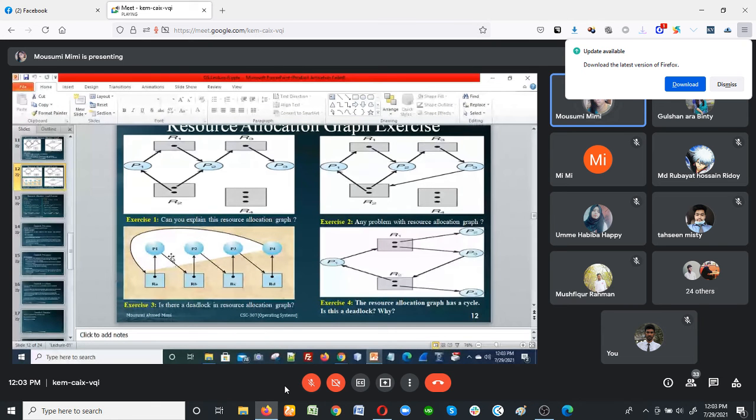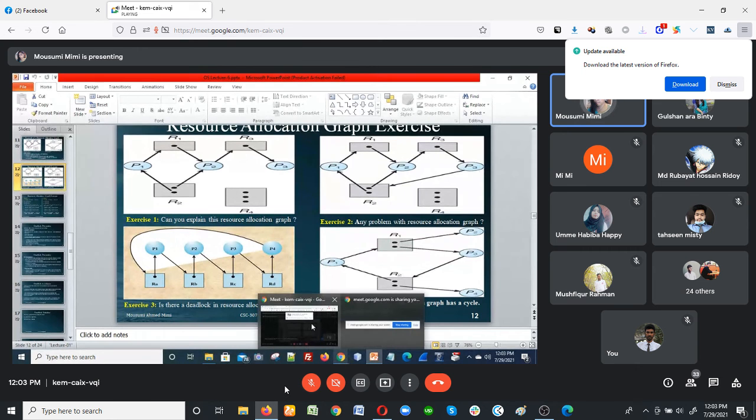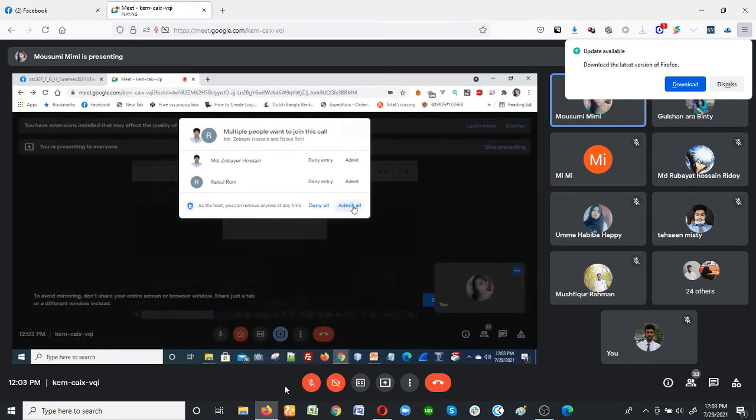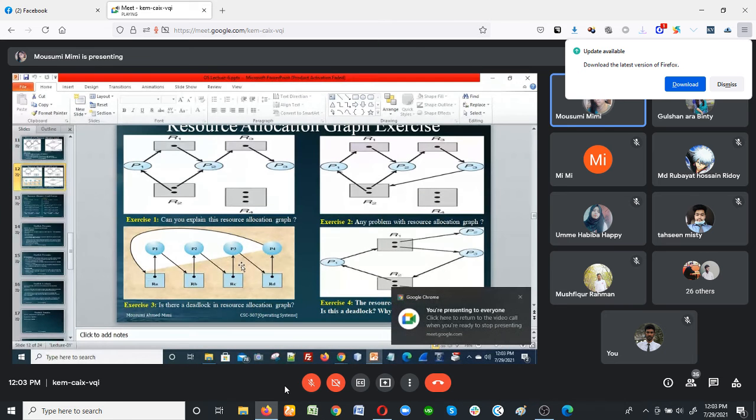That means each process holds one resource and also requests another resource which is occupied by another process. At that point, all of the processes are in the waiting state, and none of the processes can complete its tasks.